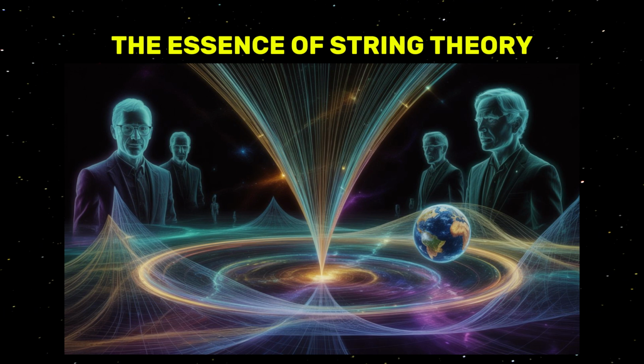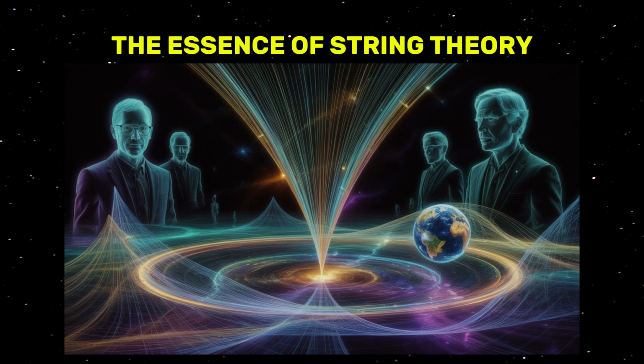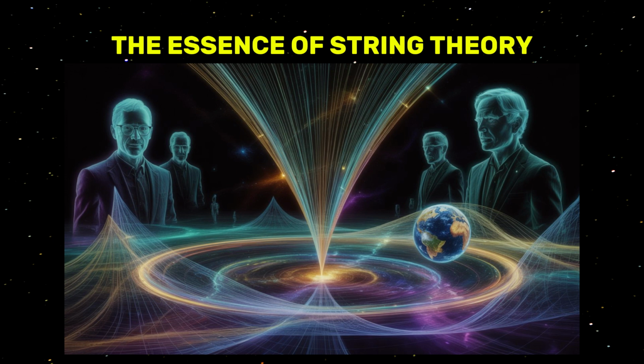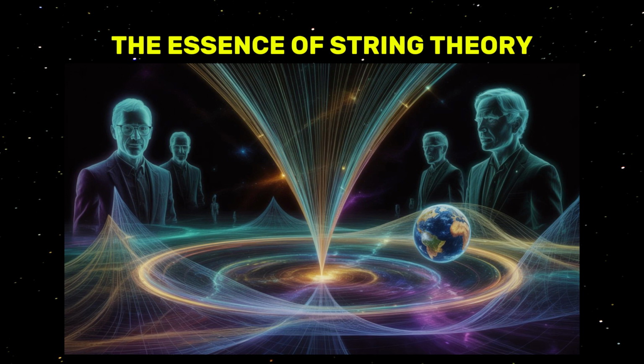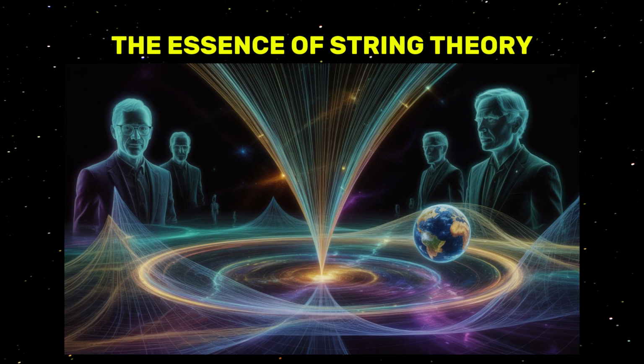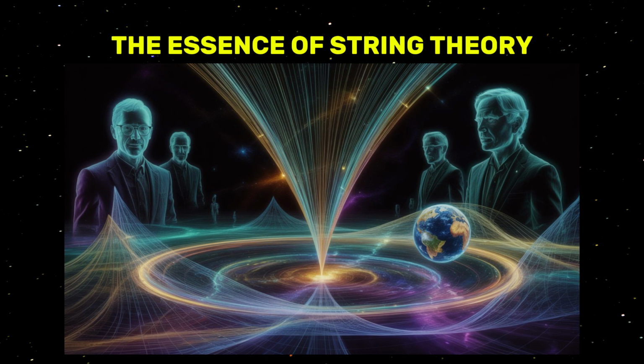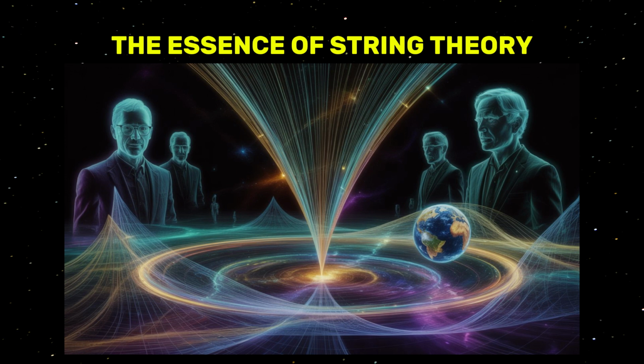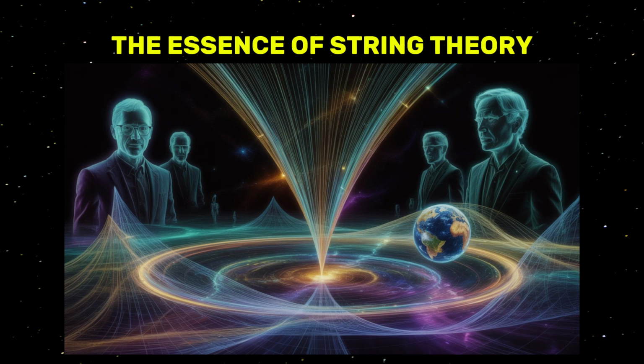Superstring theory proved to be both powerful and elegant, uniting all 4 fundamental forces: gravity, electromagnetism, the strong nuclear force, and the weak nuclear force, under a single, all-encompassing framework. For the first time, string theory appeared to be a viable candidate for the long-sought theory of everything.